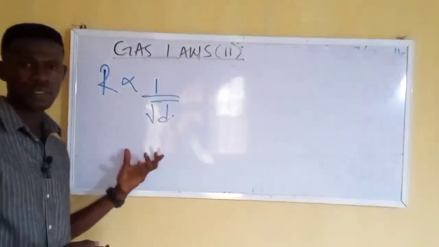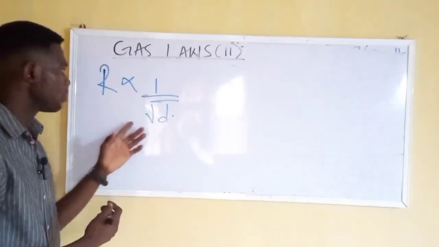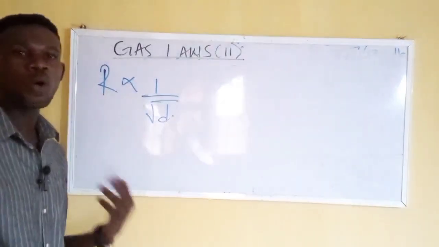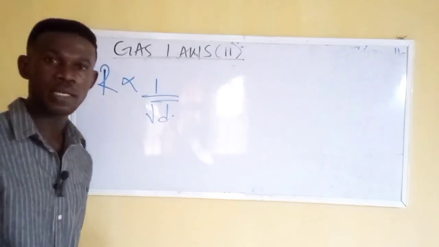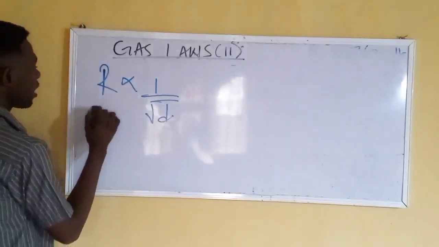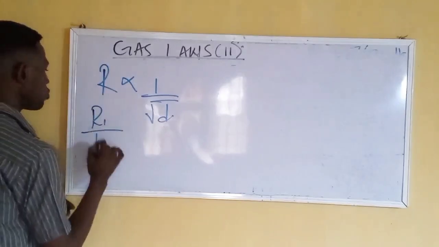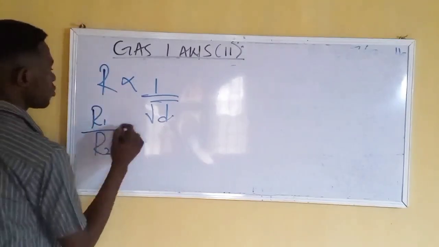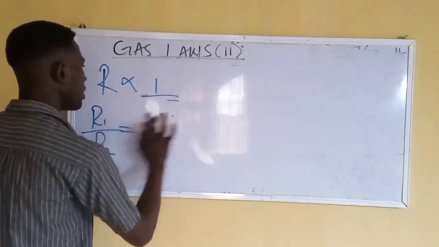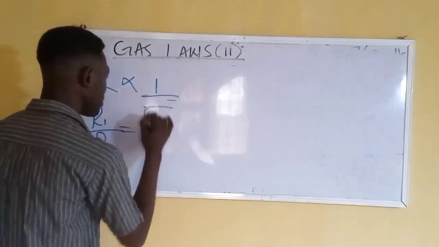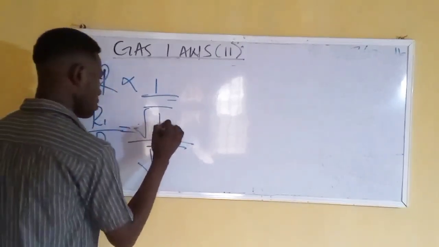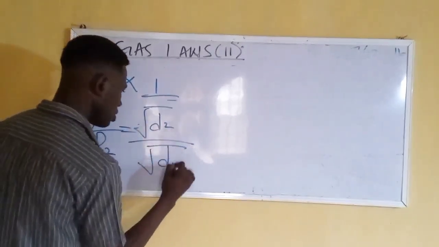Now, if it happens to be a case of multiple gases, maybe you will represent the first gas as R1 and the second one as R2. You will have R1 over R2 is inversely proportional to the square root of D1 over the square root of D2, so you would have it written as root D2 over root D1.